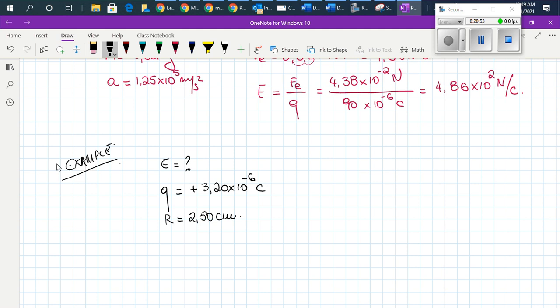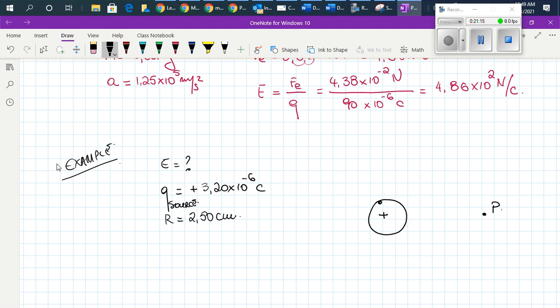So this is the source, and what we are doing is something like this, the situational diagram. We have a positive source, and the point P is to the right of the source.